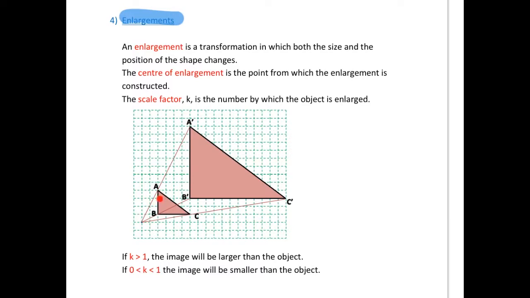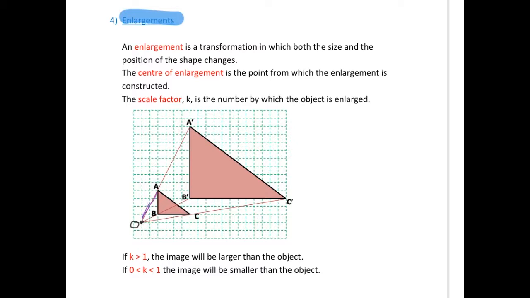So in this example here we have a triangle ABC. We have our point of enlargement O, the center of enlargement, as this point here. And to draw our image, if we are given a scale factor K, we measure the distance from a point, say A in this case.